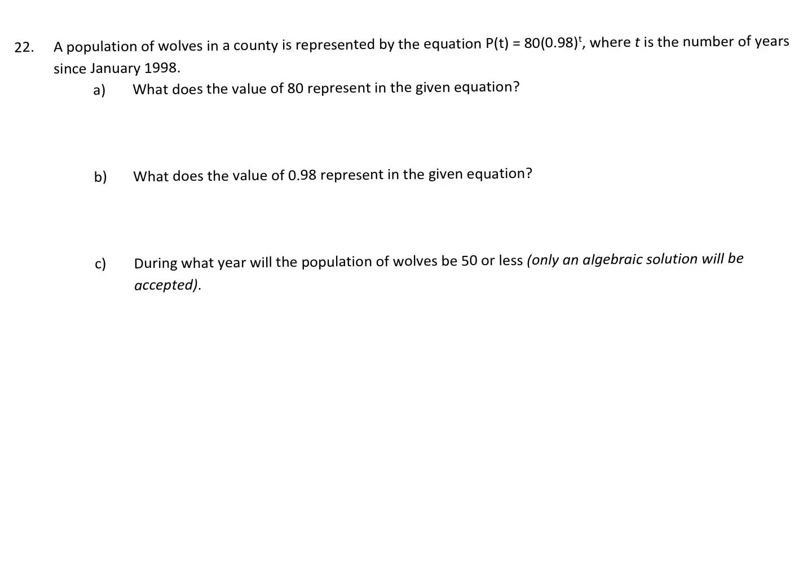All right, so number 22 says a population of wolves in a county is represented by P of T, where T is the number of years since January of 1988. All right, so the first part, what does the value 80 represent in the given population? Now, if you look at the given equation, we could see it follows the exponential decay format.